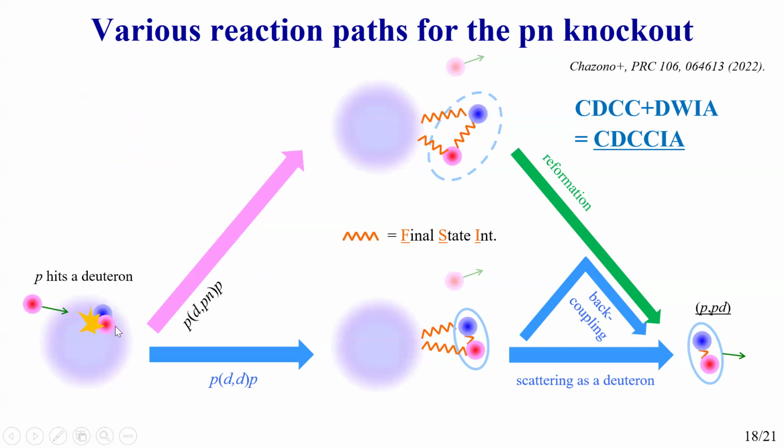Okay, this is a big assumption, but let me assume that deuteron exists in the nucleus and proton hits this. But as a reaction theorist, we can treat this path, the reformation process, and see what happens on the PPD cross section.